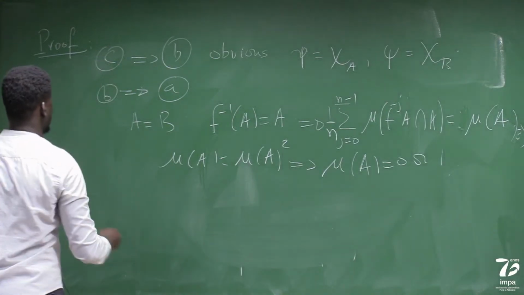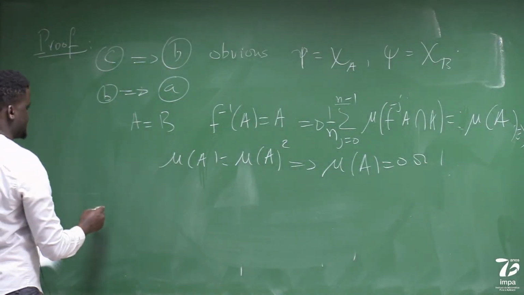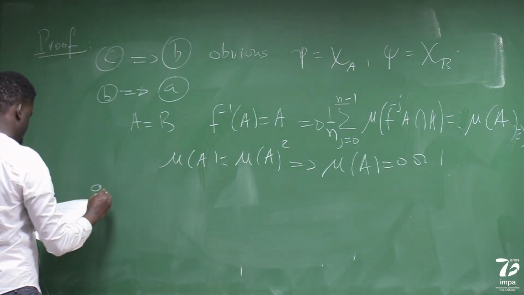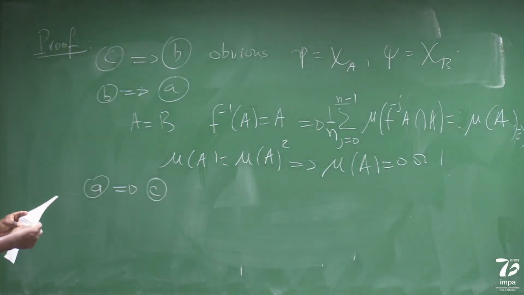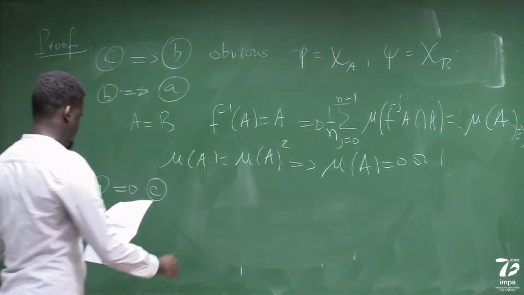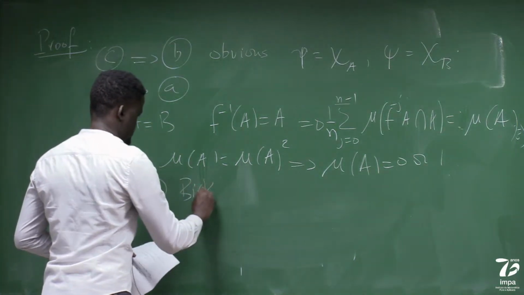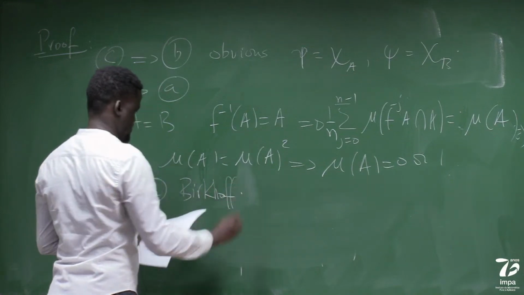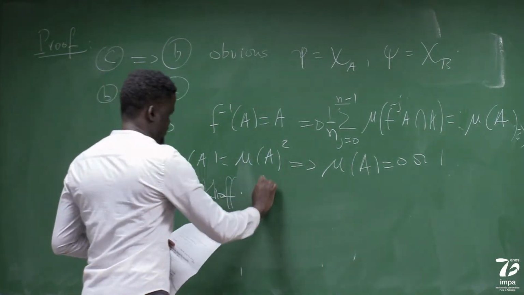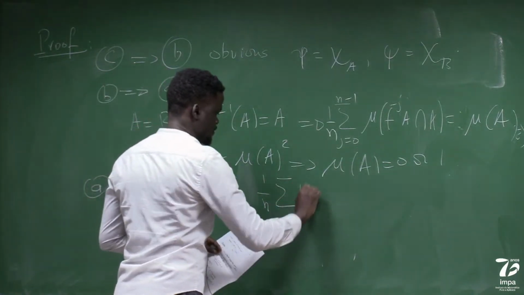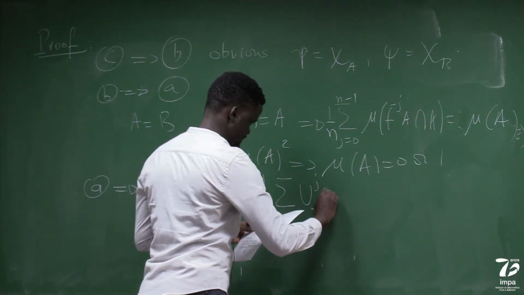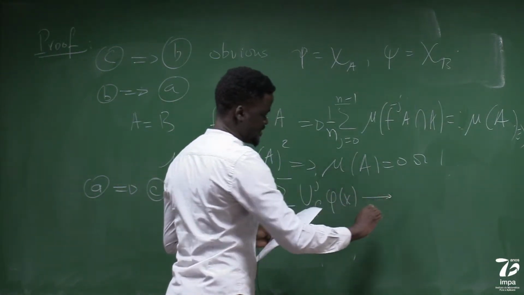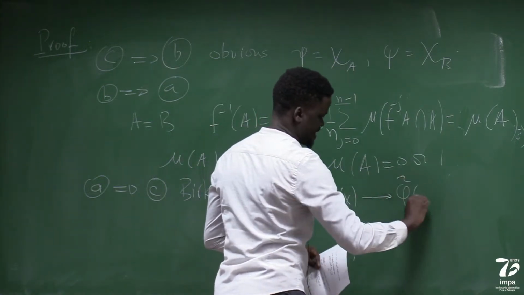Okay, now let's see how A implies C. Already by Birkhoff, we have one over n, the sum of U_F^j phi x is converging to phi tilde x.